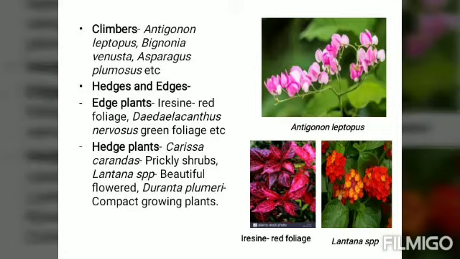Antigonon leptopus, and even Bignonia venusta, and even Jasminum and Asparagus plumosus, and then Vitis vinifera, and Pothos. So these are some of the examples that you can use as climbers. ये भी बहुत मतलब अच्छा है.